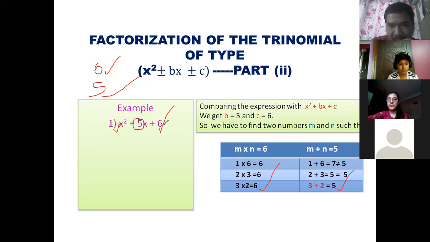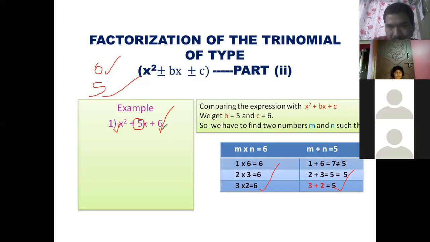That means in place of 6, we have to write 3 into 2, and in place of 5 what will you write, children? In place of 5, 3 plus 2. Very good.